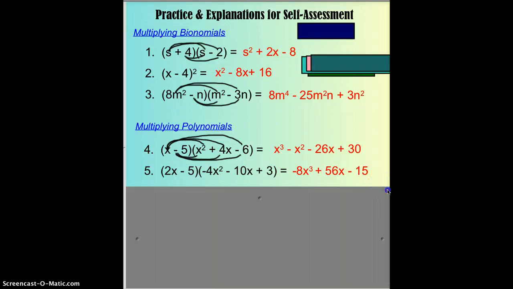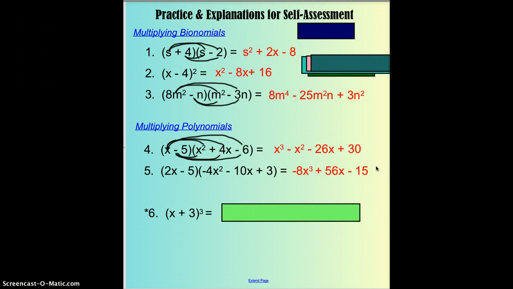Finally, if you would like to challenge yourself, I have x plus 3 to the 3rd power. Remember to rewrite this as x plus 3 times x plus 3 times x plus 3. Also remember that you can do one problem and FOIL it one at a time.